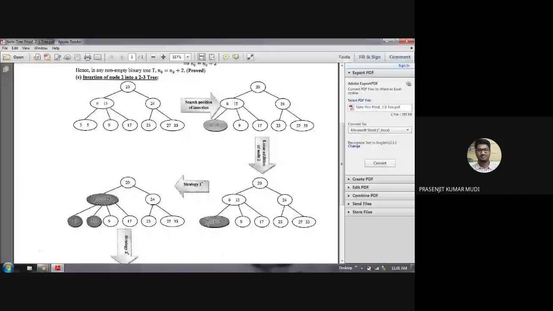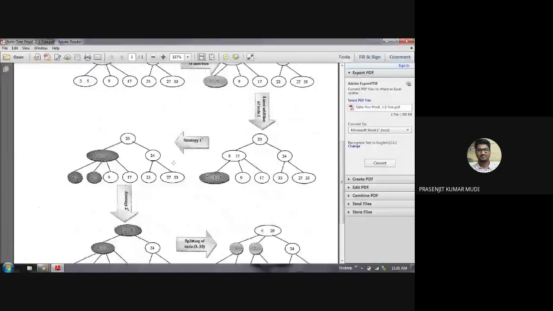Then the first strategy which you have to apply here is to find the median.